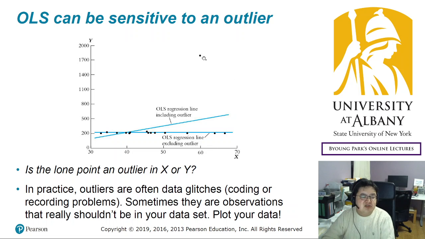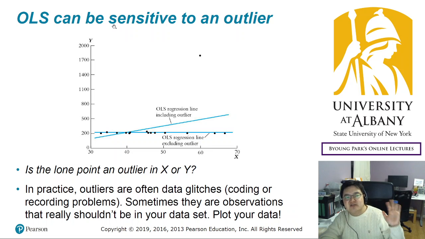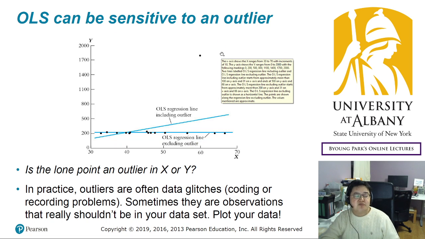If the result does not change, then that's not a problem. If the results including or excluding the outlier are similar, then what's the problem? There is no problem. So a more practical way to check for an outlier is to compare how sensitive your result is to whether you include or exclude the outlier. That's what I can tell you here.